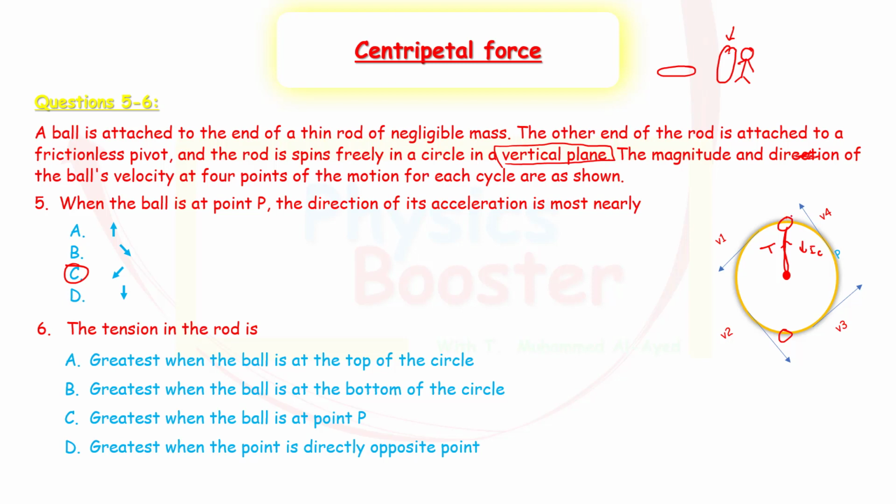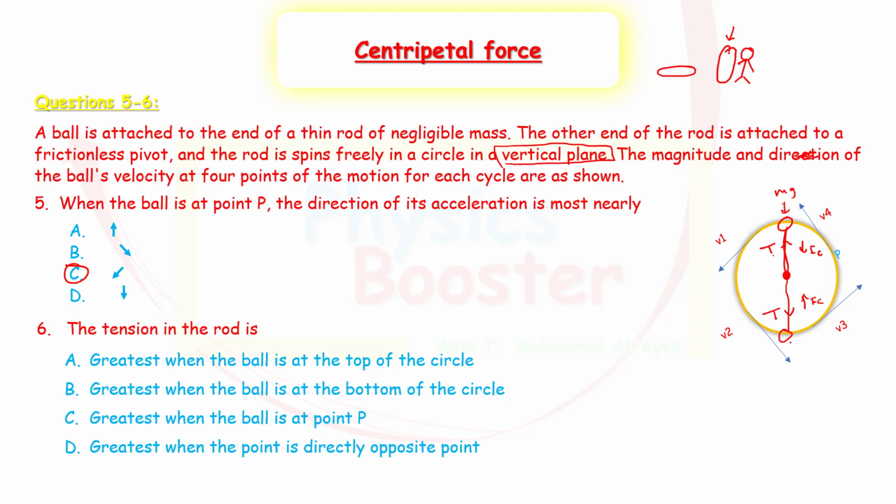Now, we know that also the weight will start affecting this object. So the weight is going downwards because the weight always goes downwards, which is mg, for example. So here, tension and mg are opposite to each other. So let's see the other case when the object is right here. Well, I know that the centripetal force is pulling this way because it's always pulling toward the center, which is causing a tension in the cable in the other direction.